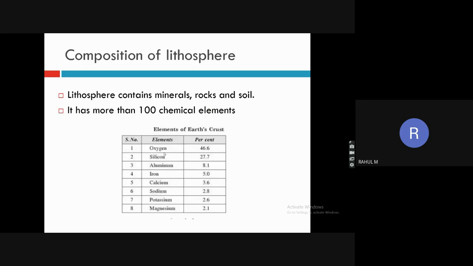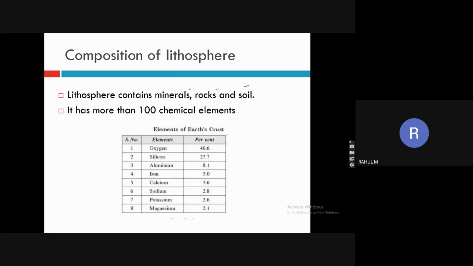So the basic composition of lithosphere, we'll see. This is important. Lithosphere, as you might be familiar, contains minerals, rocks and soil. These are the main composition, and around 100 chemical elements are found on the surface of Earth.